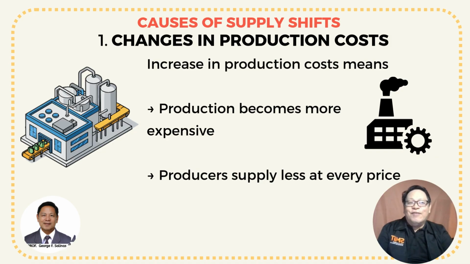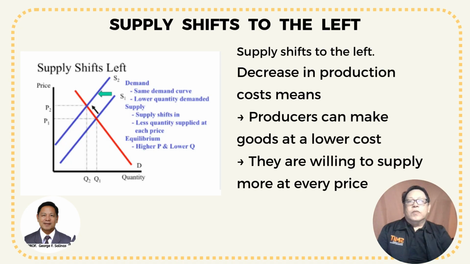The cost increase effectively shifts the supply curve to the left, resulting in a lower quantity supplied at any given price point. And when production costs increase, businesses produce less. When the supply curve shifts to the left, it signifies a decrease in supply, meaning producers are willing to supply less quantity at every given price.